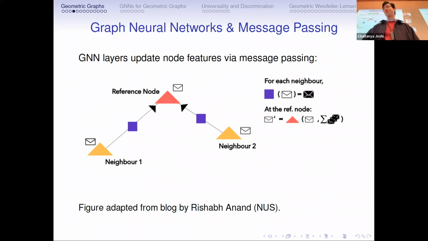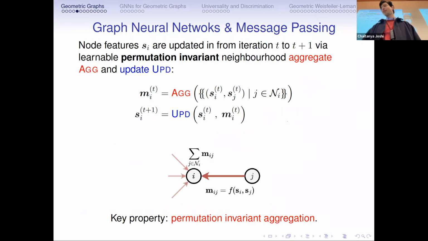Now, more formally, you have two steps to message passing, the aggregation and the update step. The key part is really aggregation, where you are sitting at a node and you look at all its neighbors j. You build some sort of message, some function of your features and your neighbor's features. You may pass that through an MLP, and then you aggregate these messages.